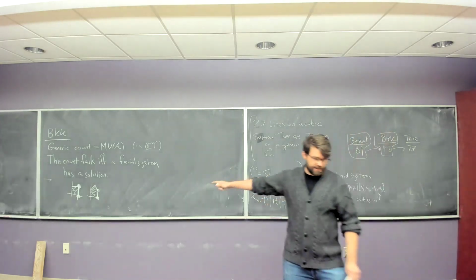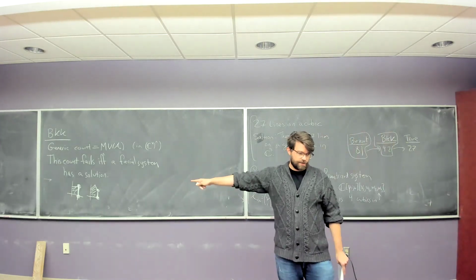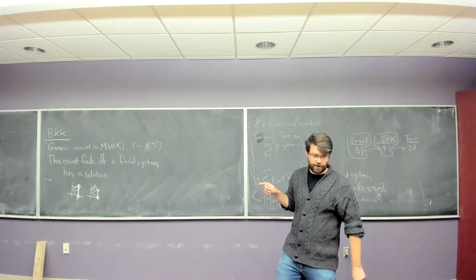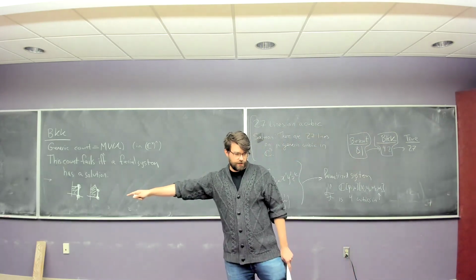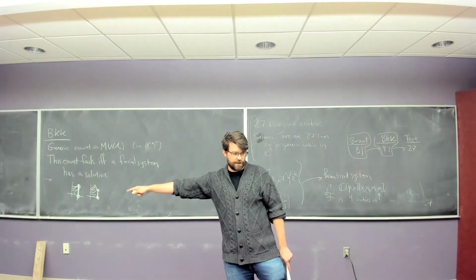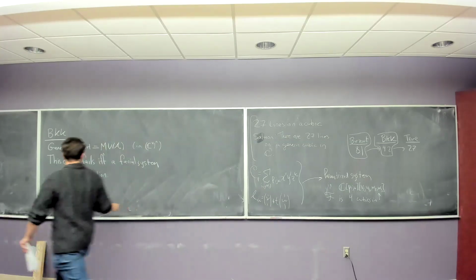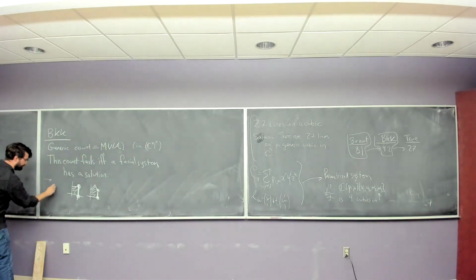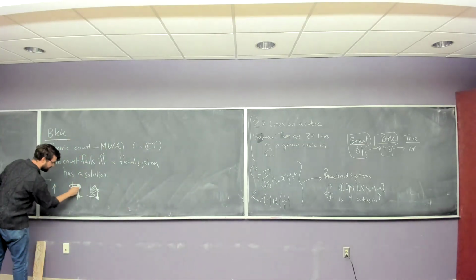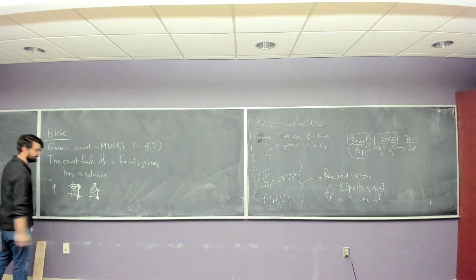The first thing I did to get this facial system is choose a direction, and I solved the linear program of maximizing this linear function in this direction, maximizing the dot product over this compact set.